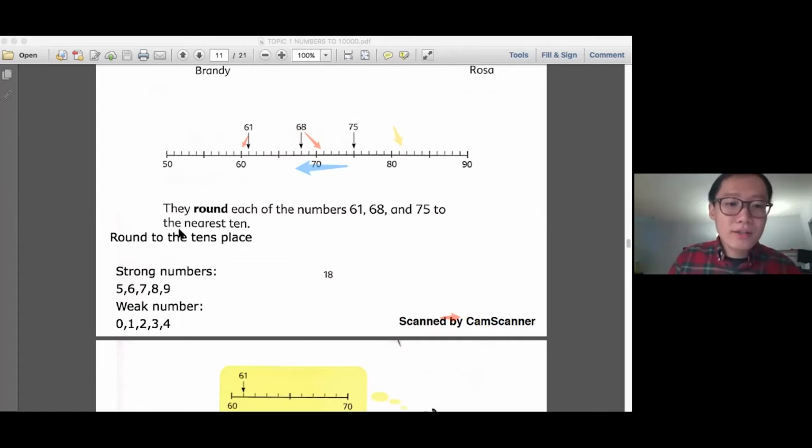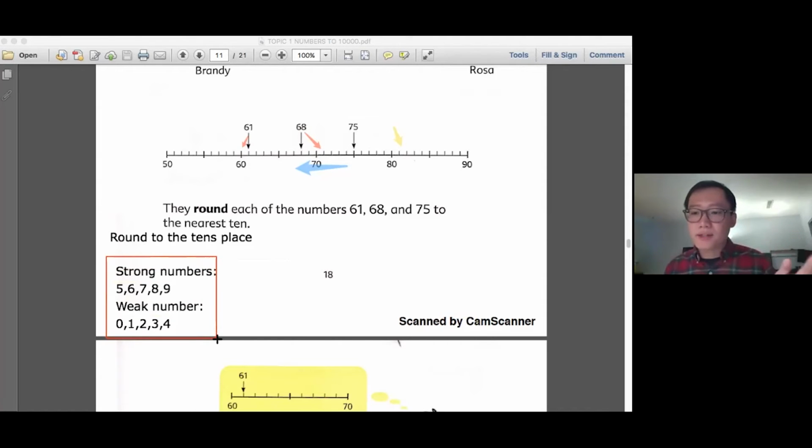Okay, so remember that. We have strong numbers and weak numbers. This applies to all the roundings, not just the tens place. As you can see in this red box, weak numbers are 0, 1, 2, 3, and 4.